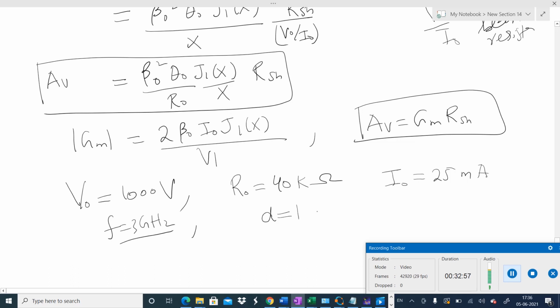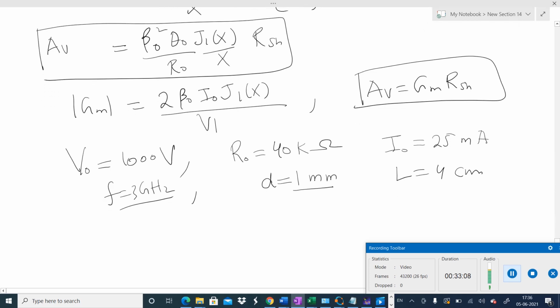And the distance in buncher cavity is 1 mm. Drift distance between buncher cavity and catcher cavity is 4 mm, and effective shunt resistance without including the beam loading is 30 kilo ohm.